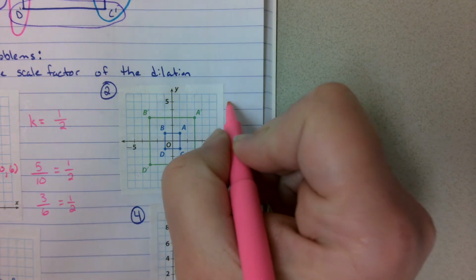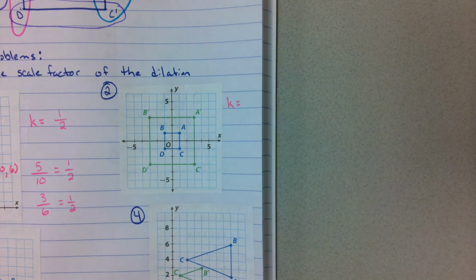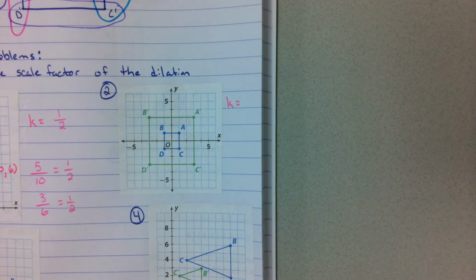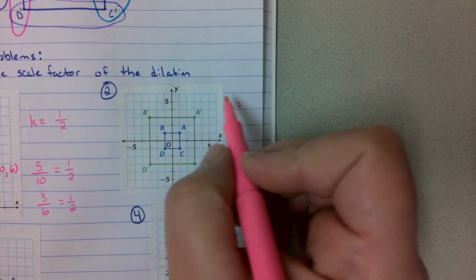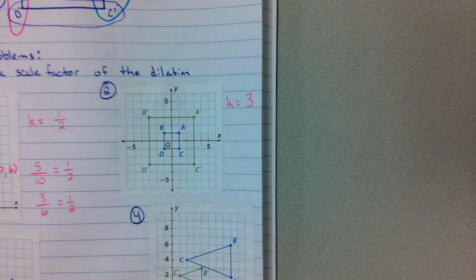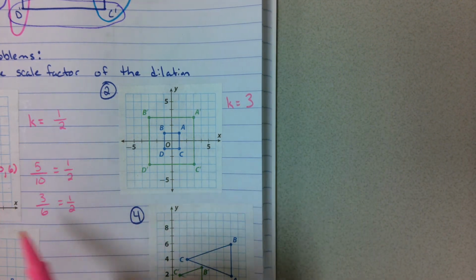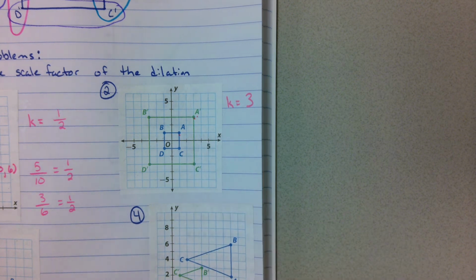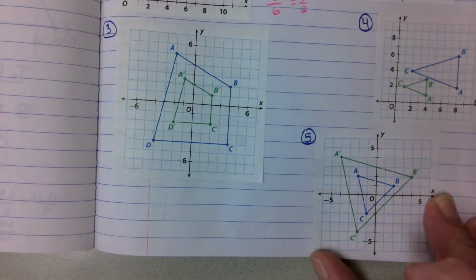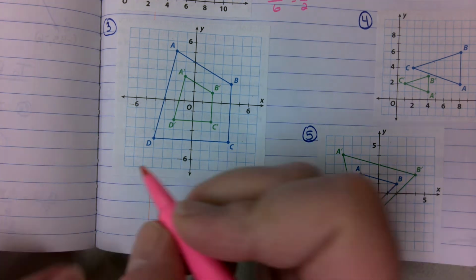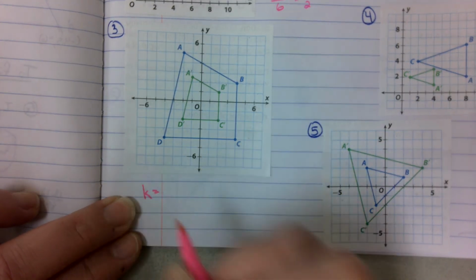What is the K or the scale factor? All right, hopefully you saw that it was getting bigger, so my number should have been greater than 1, and it is 3. I did 3 over 1. Okay, number 3. What is K?